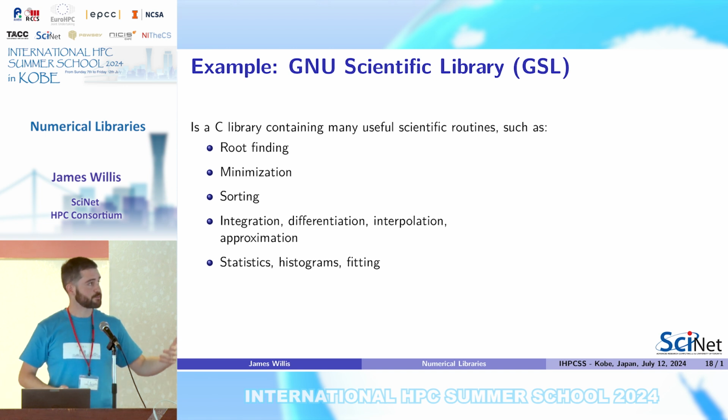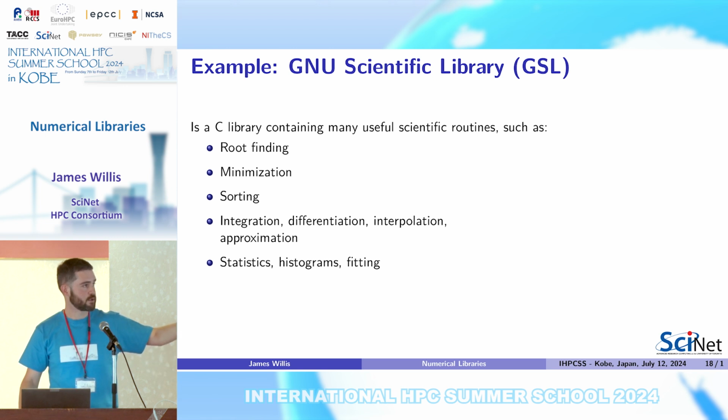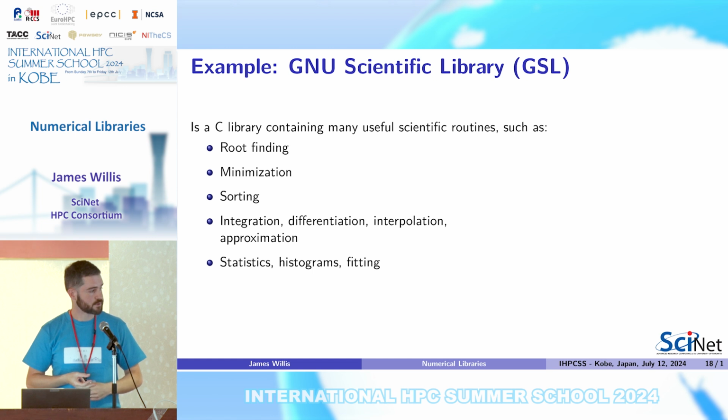So GSL has been implemented as a C library, and it has a series of useful tools for root finding, for minimization, sorting. There's a lot of calculus libraries, functionality in there with statistics and histograms and fitting.